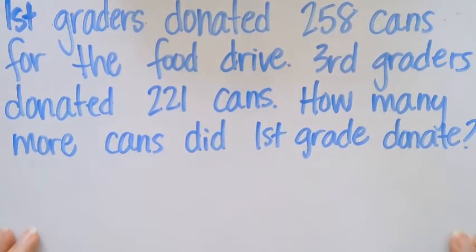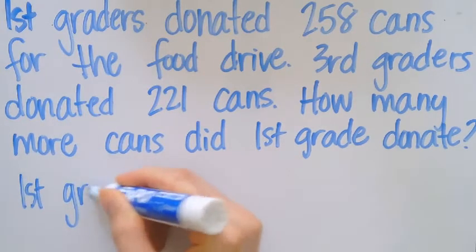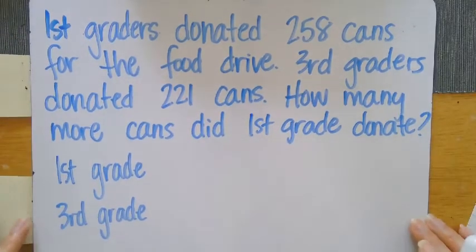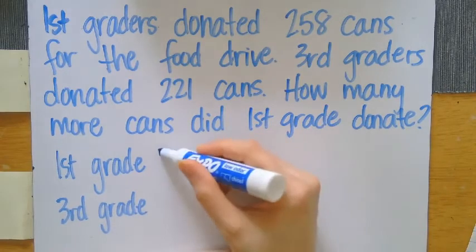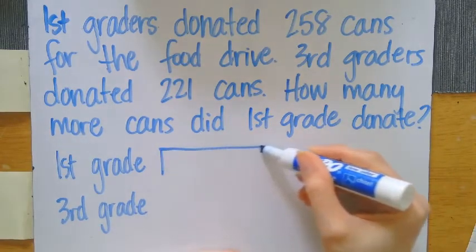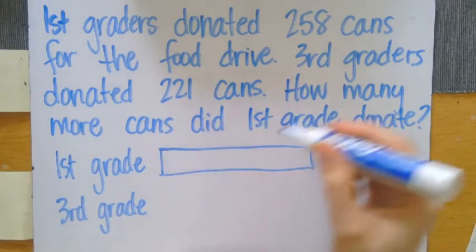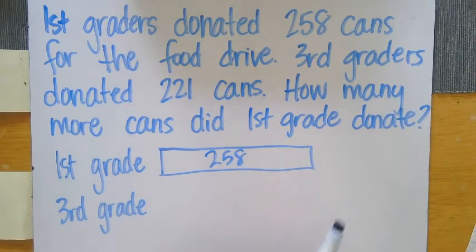All right. So using a tape diagram, I'm going to have a nice visual so that we can see what it looks like. All right, so first grade donated 258 cans for the food drive.